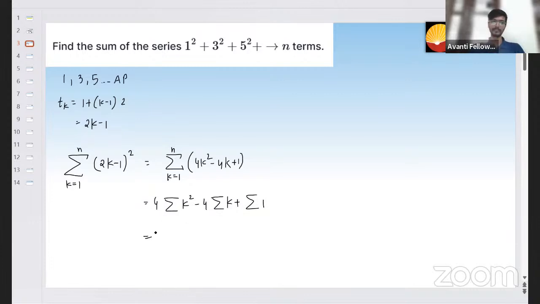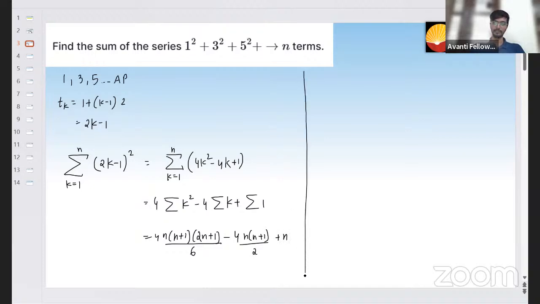Now what is the summation K square formula? It is n into (n plus 1) into (2n plus 1) upon 6, minus 4 times the summation K formula, n into (n plus 1) upon 2, plus n. So here, let's see the terms we can cancel out. I can cancel out 2 by 3, and here also I can cancel out 2.